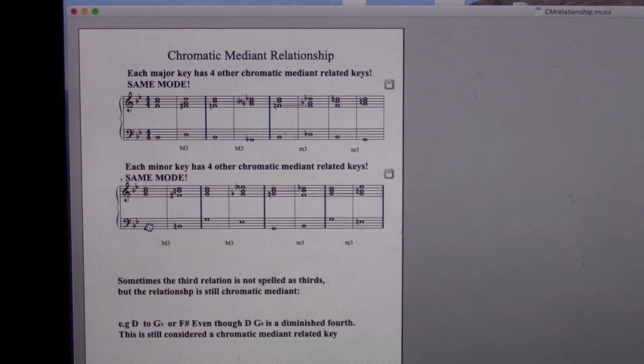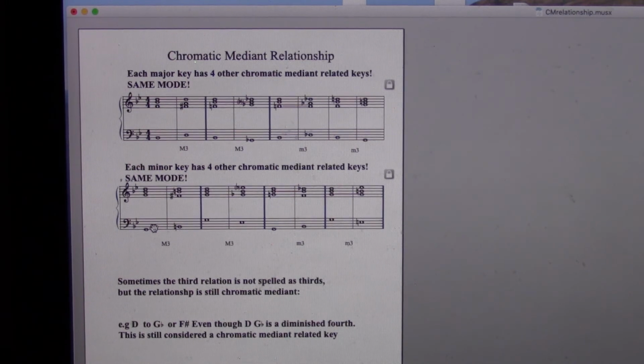So minor sounds basically the same way as far as having one common tone, but the two keys are a third apart. This is G minor now to B minor. And now this one is G minor to E flat minor.